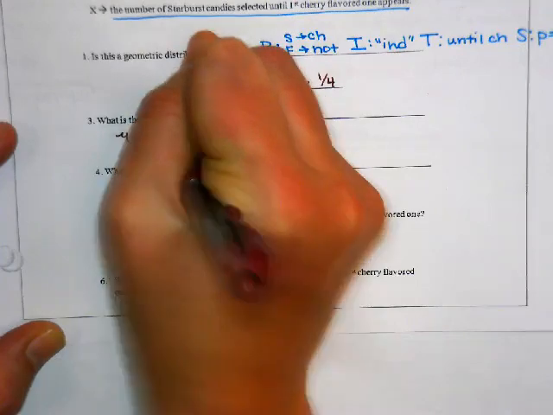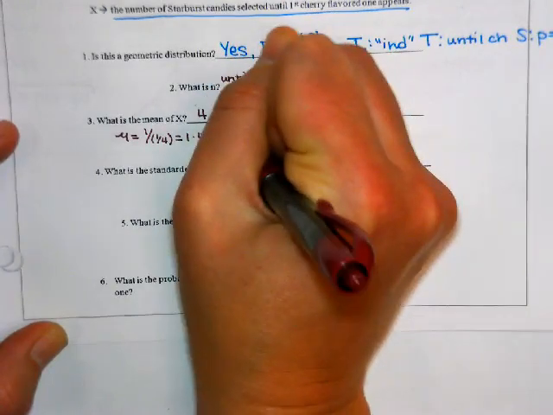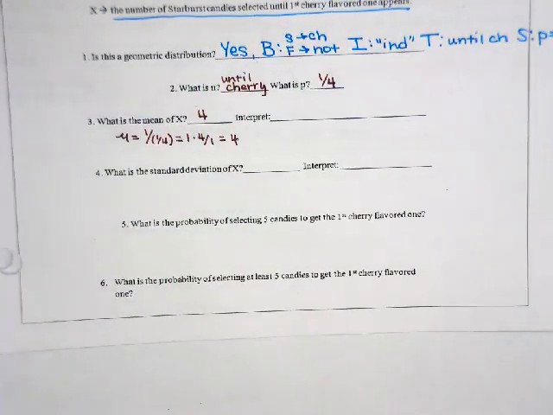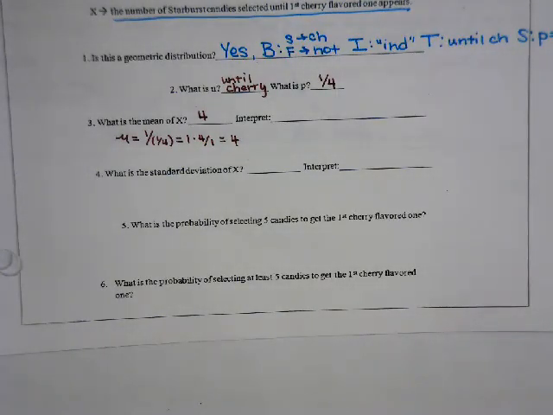How do we interpret our mean? What does the mean tell us? On average, how many pieces of candy we would expect to pick out of the bag until we get that first cherry. 4.